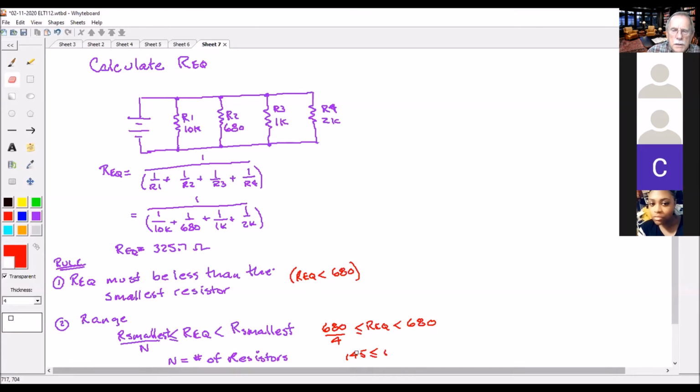Higher level math gets me again. And our answer of 325 certainly falls between 170 and 680.